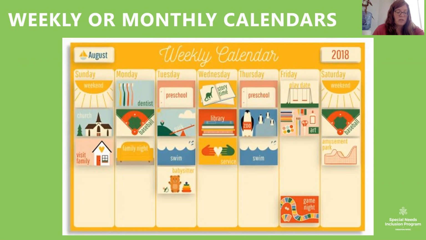So some examples of when this can be useful, so like if the parent is deployed or away from the home, to be able to notify arrivals and departures can be really helpful to a child to ease some of that anxiety. It can also be useful when you have split custody to identify what days are with mom and what days are with dad.